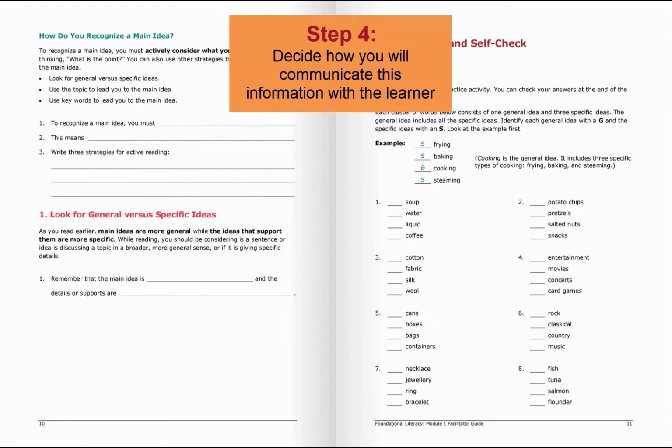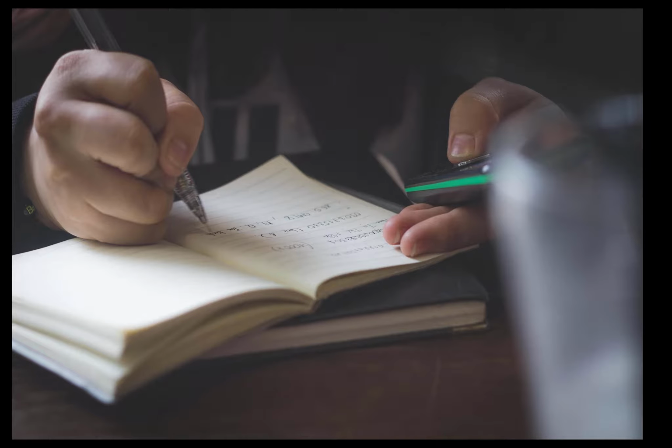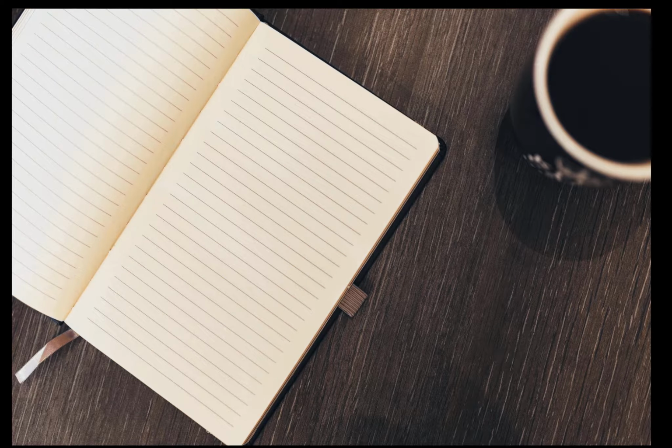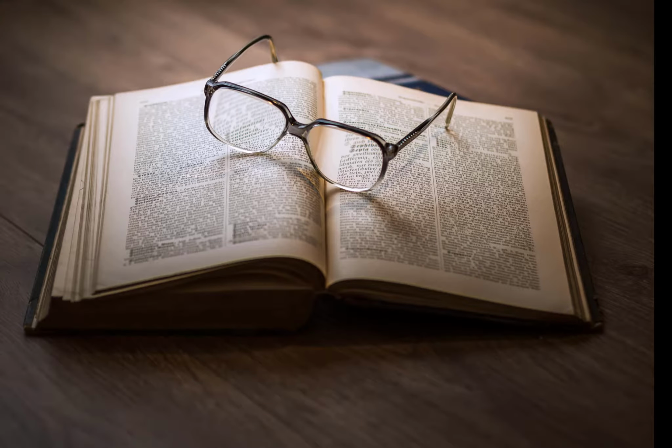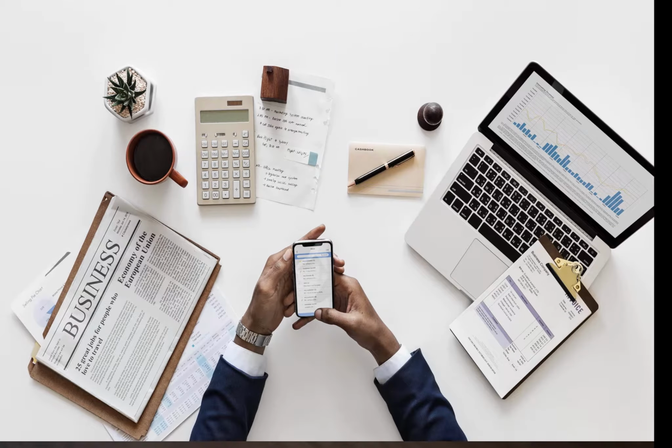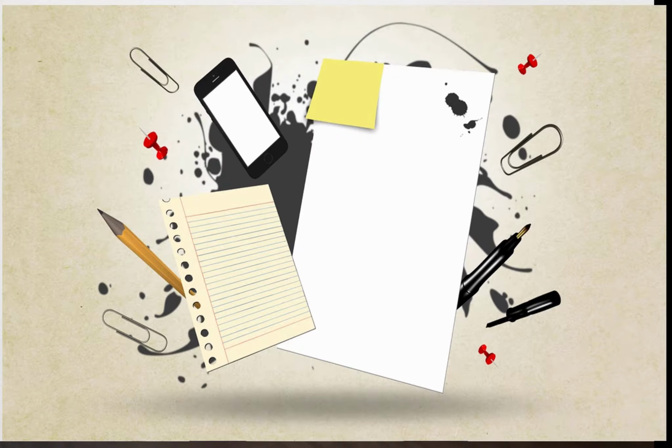Step 4. Decide how you will communicate this information with your learner. Consider what will work best for your learner. Perhaps reading out loud, having the learner read out loud to you, giving the reader time to read silently and explain it back to you, asking a question and having the learner find the answer within the text, or one of many other methods you may already use.